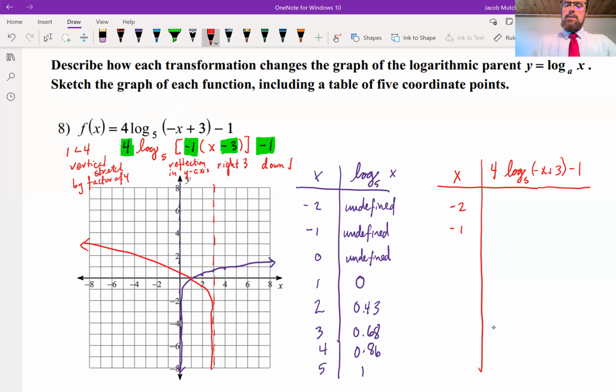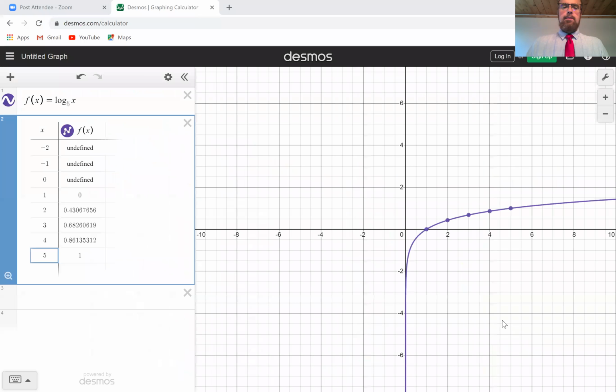Let's go all the way through positive 3 just to see if that's in fact the vertical asymptote. My prediction is that 3 should be undefined. Well, let's see. We're saying undefined there because we think it has a vertical asymptote there. But let's find out for sure.